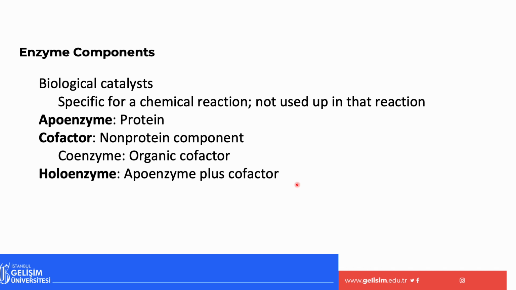Right? So a cofactor could be either organic or it could be inorganic, and if it's an organic molecule, we call that a coenzyme. Okay? So when the proper apoenzyme and a cofactor combine together, they form a functional enzyme known as a holoenzyme. Okay?